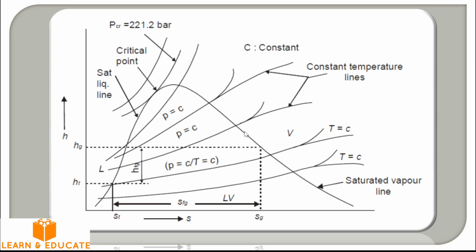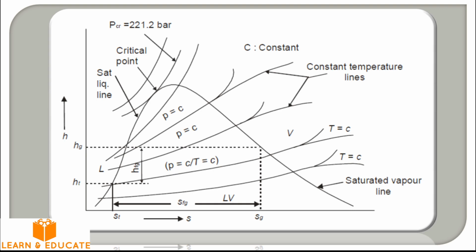So everything can be directly obtained. You can get the value directly from the steam table, but if the temperature or pressure values are not listed on the steam table, if some odd value is given, it's better to use this Mollier diagram to get the values, but it will be a little bit time consuming.